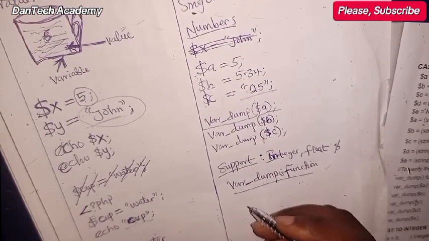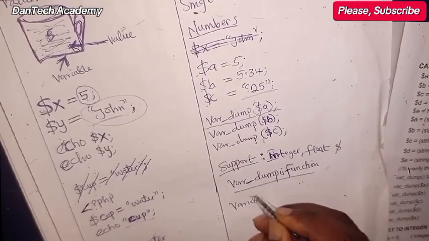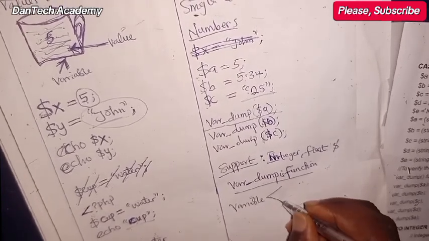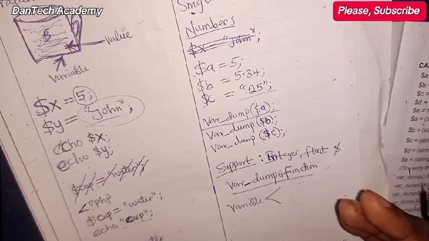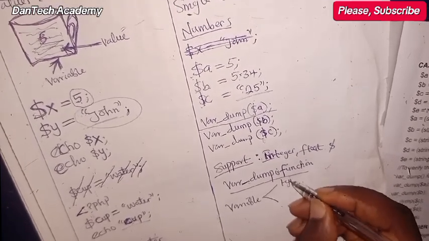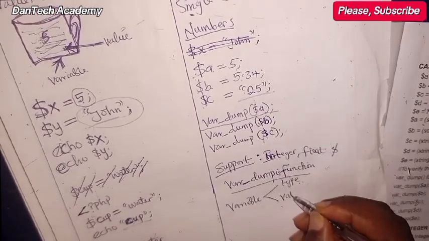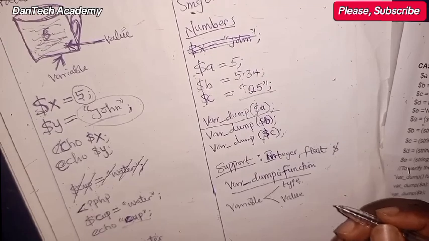The information it displays is, first, the type of the variable, and second, the value.